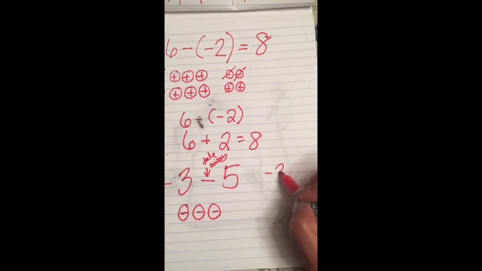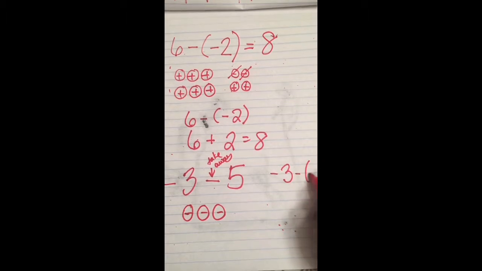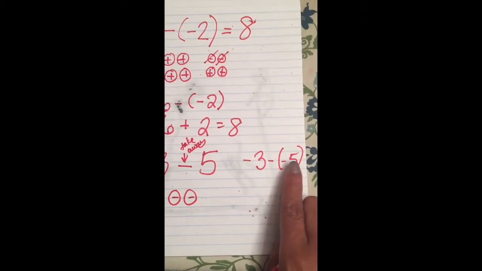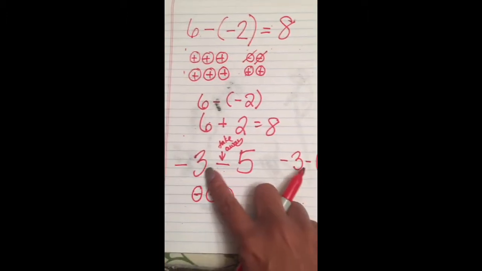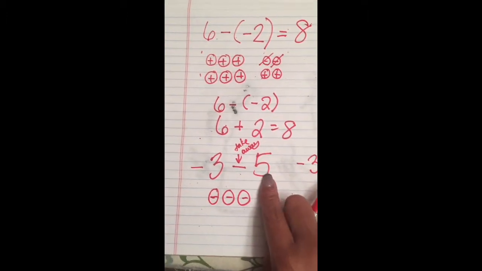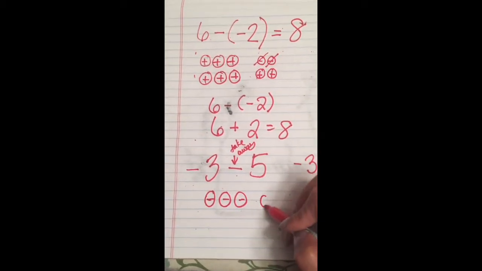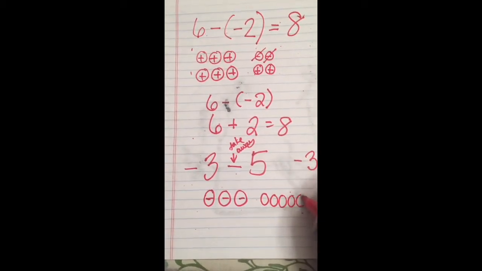If I wanted to do it the other way, it's very different. These 2 are different. This is negative 3 minus a negative 5. In this case, I have a negative 3 minus a positive 5. Again, I don't have any positives at all. So to keep it balanced, I would need 5 positives.